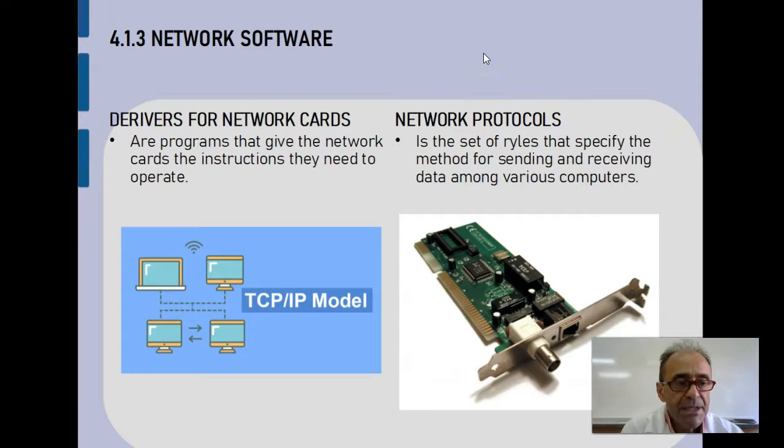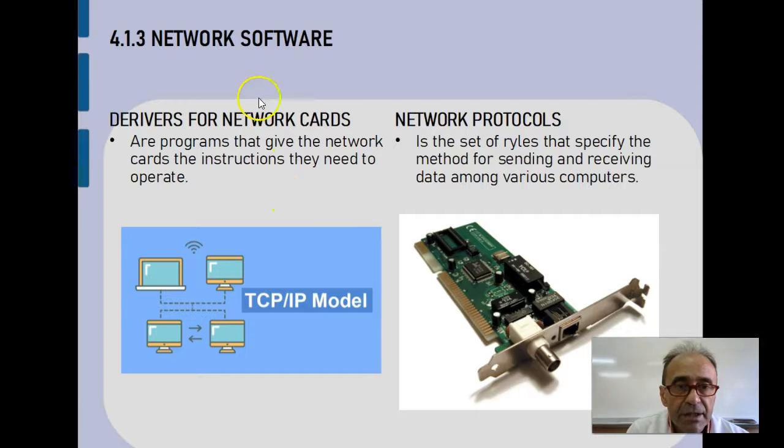And also, what is the software that we use in networks? We have two pieces of software regarding networks. The first one is what we call the drivers for the network card. We know that every device that we connect to the computer needs software to run the hardware.